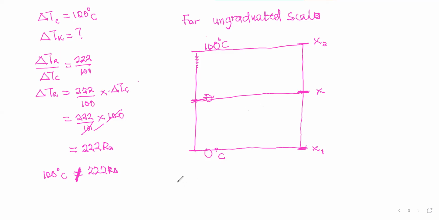For any temperature scale, if we subtract that temperature, theta, minus the lower fixed point, divided by the upper fixed point minus the lower fixed point, it must be equal to that corresponding length of mercury: x minus x1 over x2 minus x1.